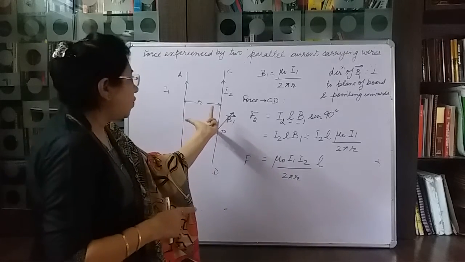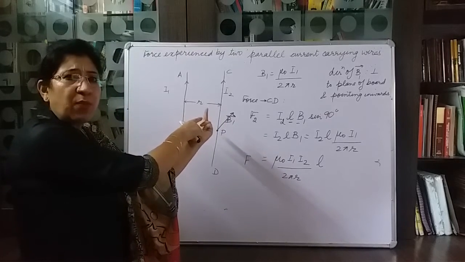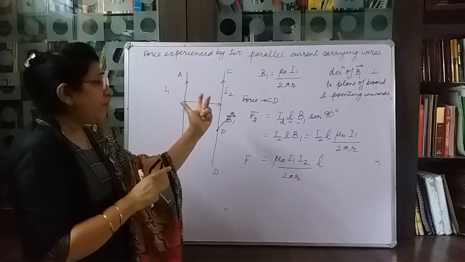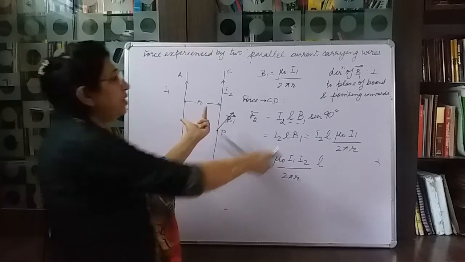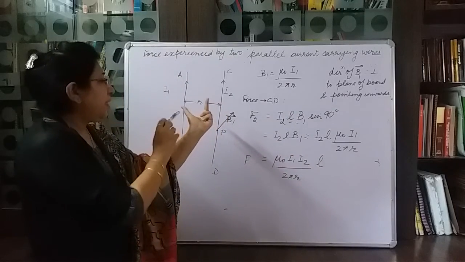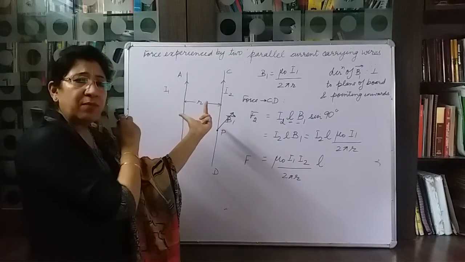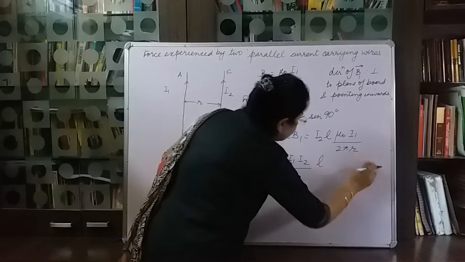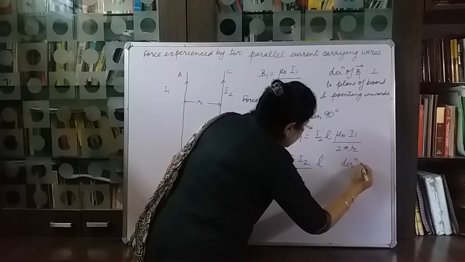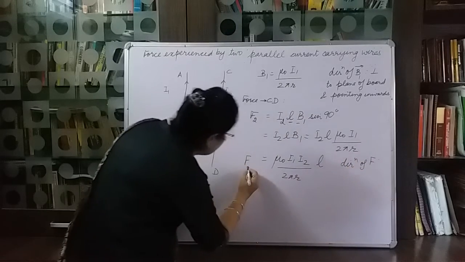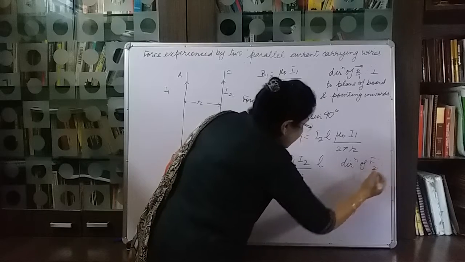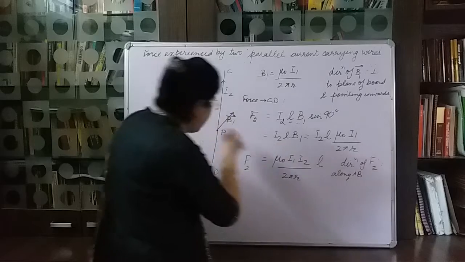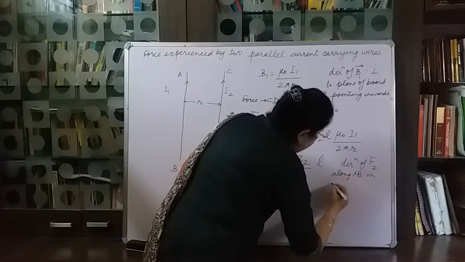Placing our fingers in this way, the central finger is pointing in the direction of the current, the forefinger is pointing in the direction of the magnetic field, then the thumb is pointing in the plane of the board towards the wire AB. This is the force on the second wire. So the direction of force is along AB and towards AB in the plane of the board.